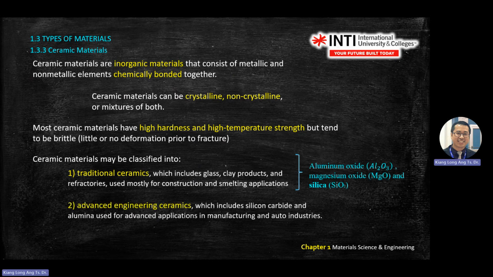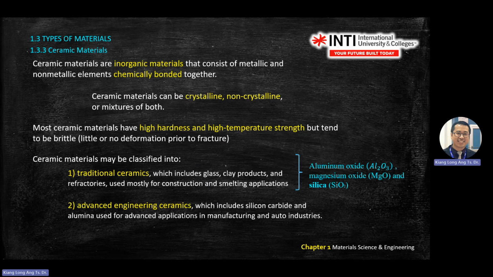Important is ceramic has two further classifications, traditional and advanced engineering. So nowadays we are in this era where most of the time traditional ceramic will be for the tourism industry or for the traditional cultural things, right?